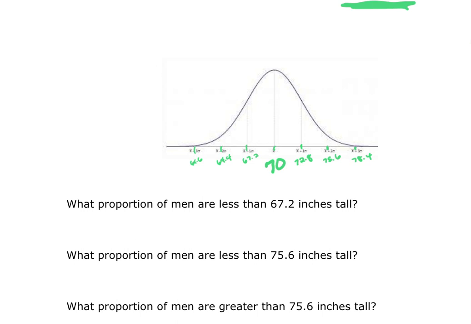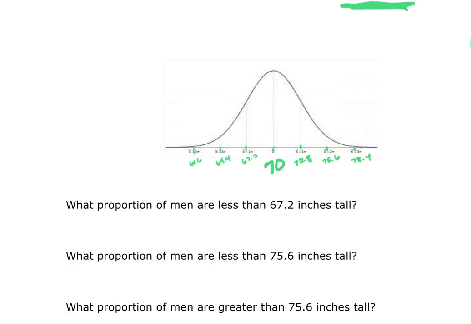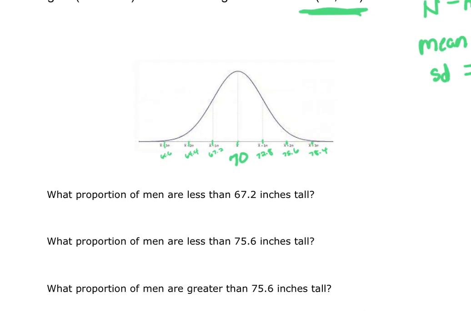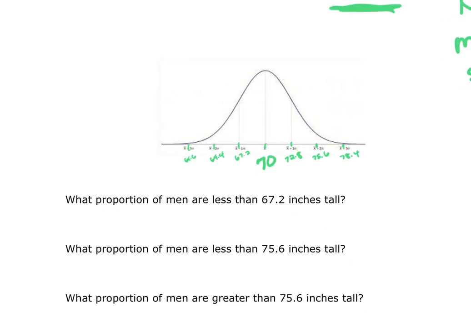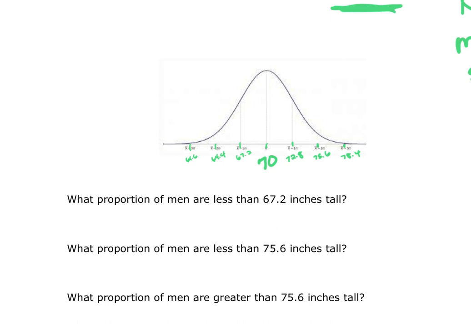Now, think about what this is asking. I'm just gonna highlight some of this for right now, and then we'll talk about the values that we get. So if you notice, it says, what proportion of men are less than 67.2 inches tall? So that would mean we are from here and over all of this. That's one standard deviation below the mean, right?